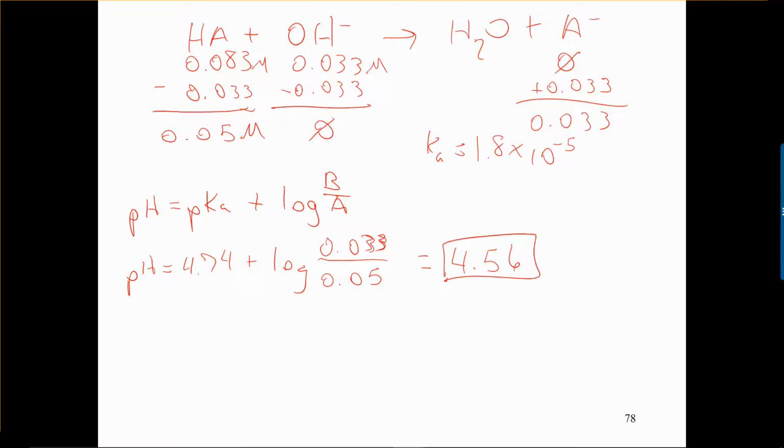V2 is 35 this time instead of 30. M1 is 25 for the acid. For the base, it's 10. V1 is 10.